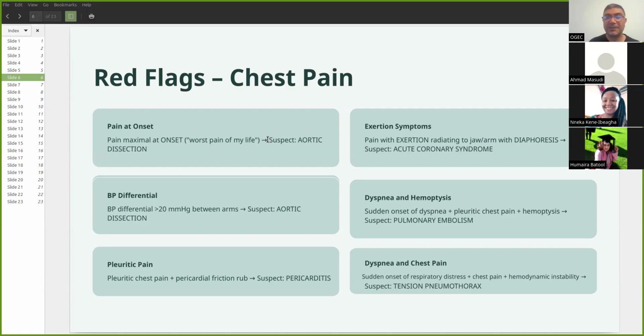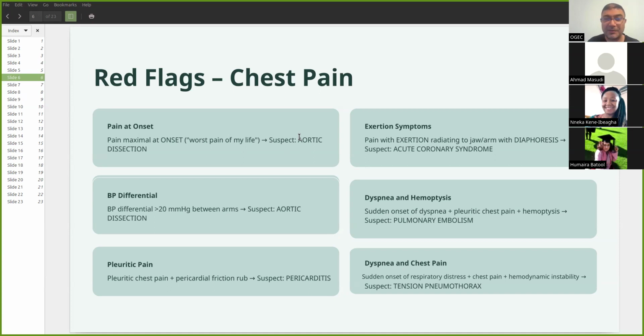But as we know, in ischemic heart disease or a heart attack, the pain gradually increases. But when the pain comes just suddenly, it's something else. You have to think about something else.